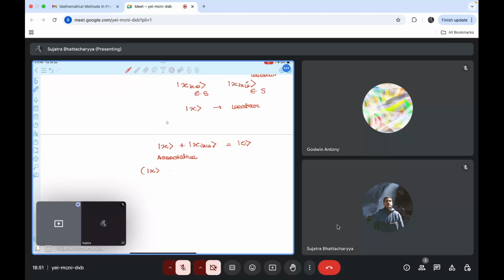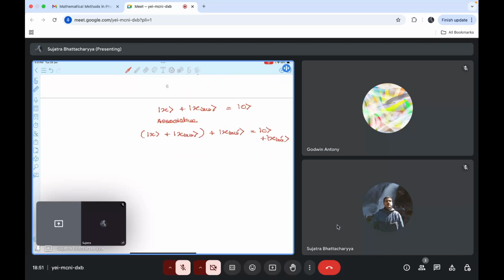We write x inverse plus x inverse dash is equal to 0 plus x inverse dash, just adding to the right of this. Fine. Now what we can write here is x inverse dash plus x inverse must be equal to 0 plus this x inverse dash.